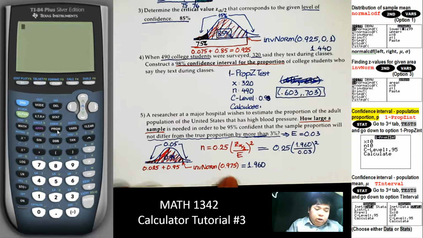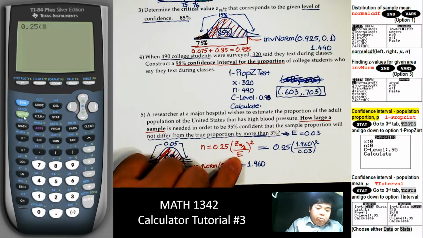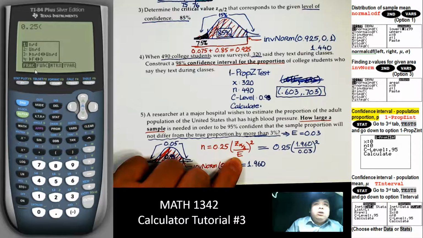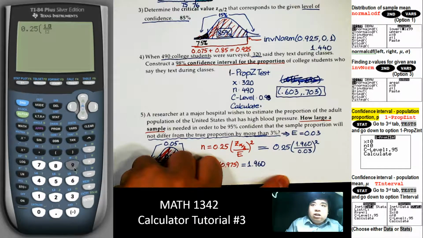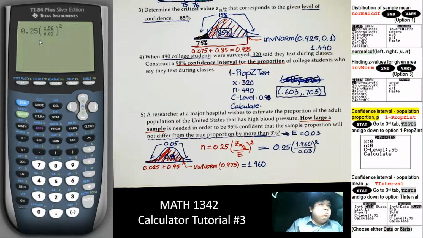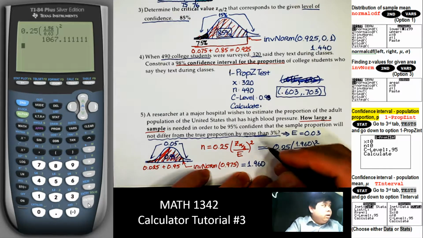Right. 0.25, and then we need a fraction, so I open parentheses and then alpha y equal to, the bottom menu pops up and I hit enter, so I will have a fraction, and enter 1.96 divided by 0.03, and we square. So that's how it looks like, and enter.